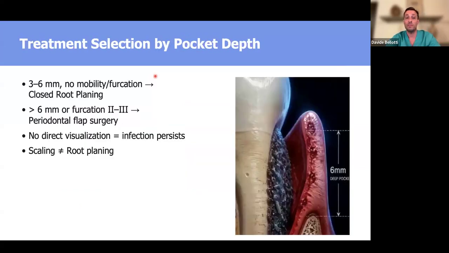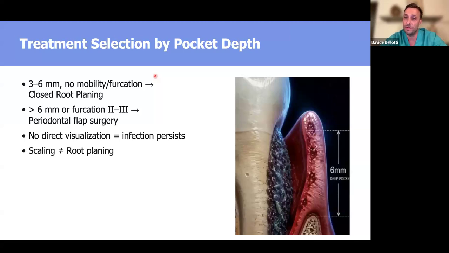So it's very important to select the right patient. Why do we do closed root planing in pockets up to 6 millimeter, with no mobility and furcation? Because over 6 millimeter we should do a flap to open and allow us to clean properly.